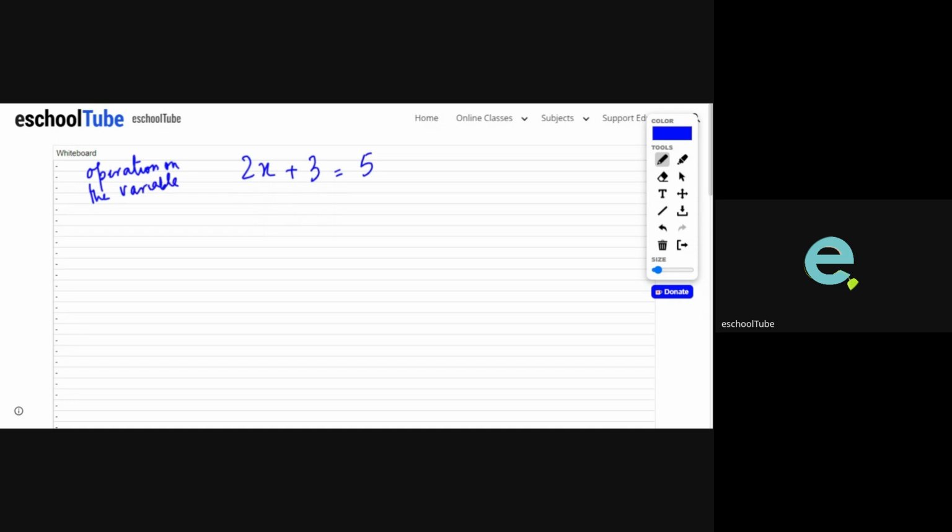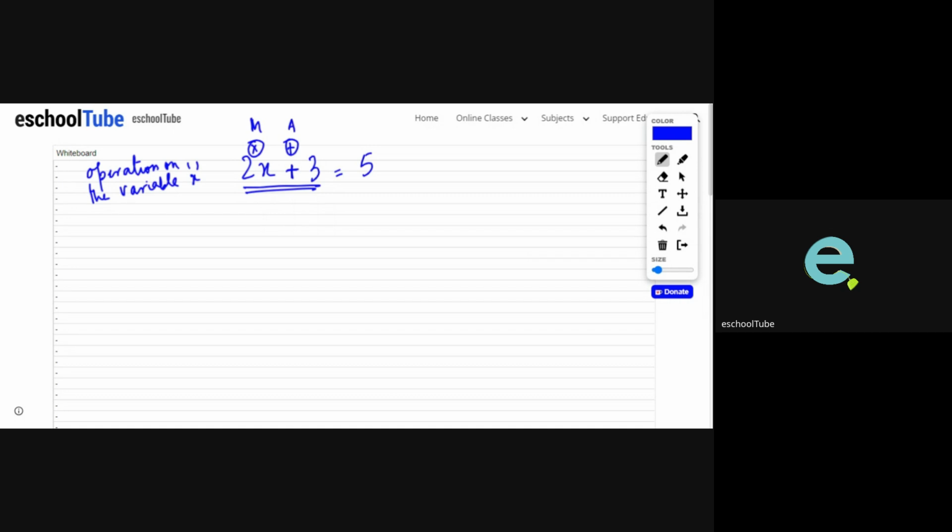Variable x पे क्या क्या operations हो रहे हैं? One is multiplication, because 2 into x is multiplication, and then there is addition. So there are two operations.